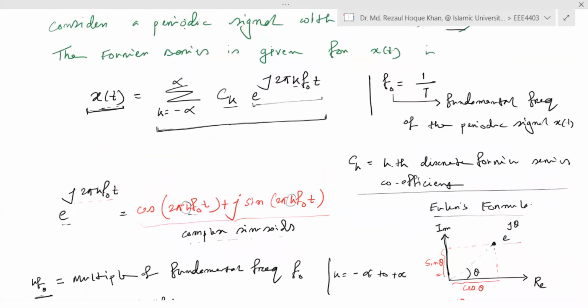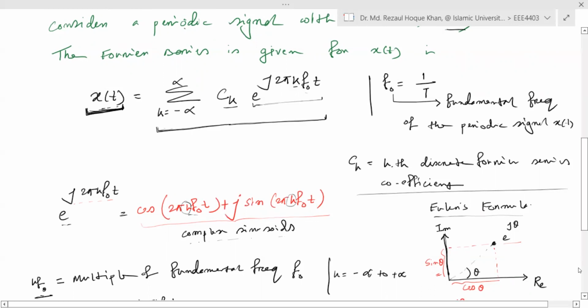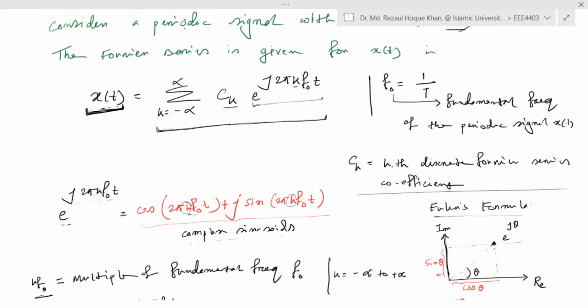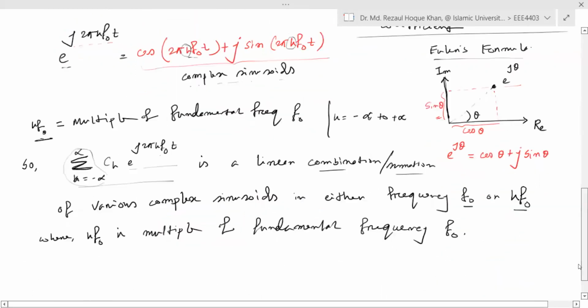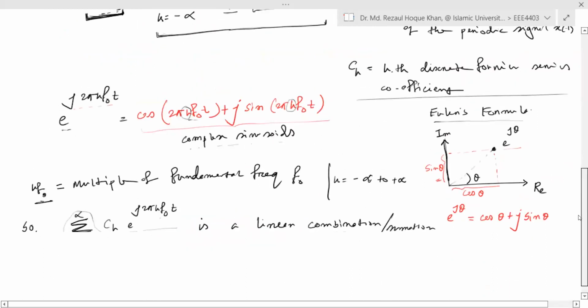So a periodic signal is nothing but the linear combination or linear summation of its multiples of the fundamental, or harmonics. So every periodic signal x(t) with fundamental frequency f0 is a linear combination of an infinite number of sinusoids at the fundamental frequency f0 or its integer multiples of f0. That's what we are trying to say with this equation.